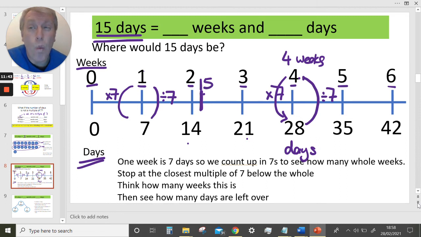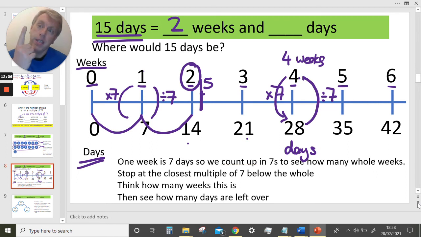So, what we're really using this number line for is to say, like for our starter, 15 days. How many jumps of 7 was it? Well, 1 jump of 7, 2 jumps of 7. That means it's 2 weeks.